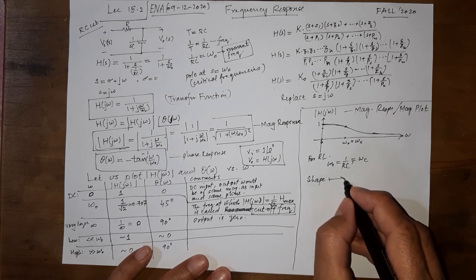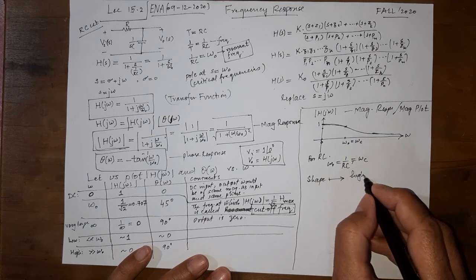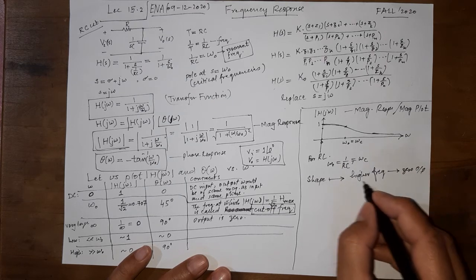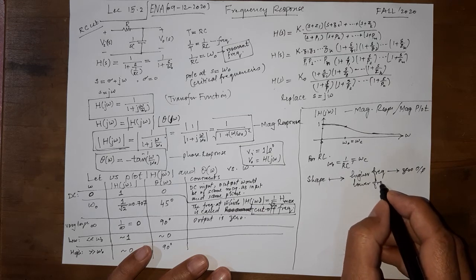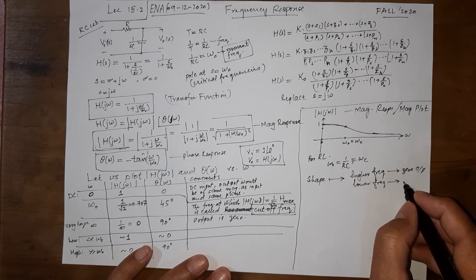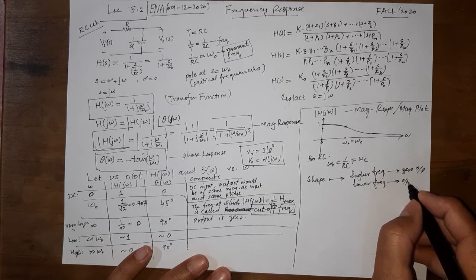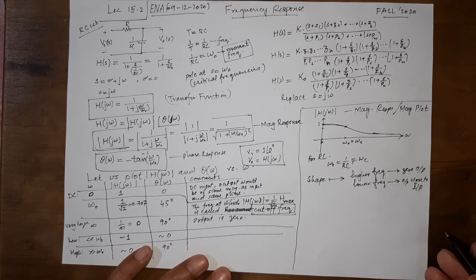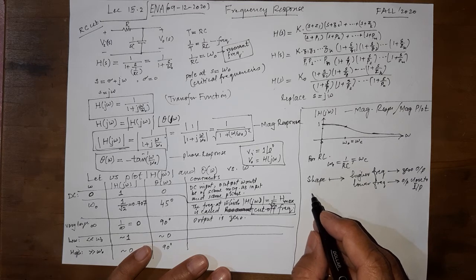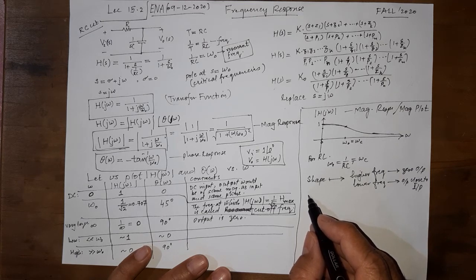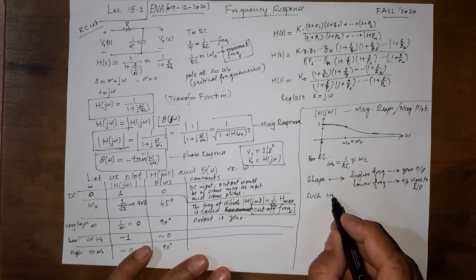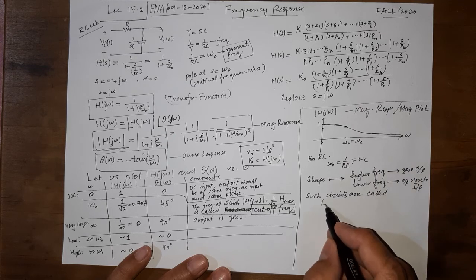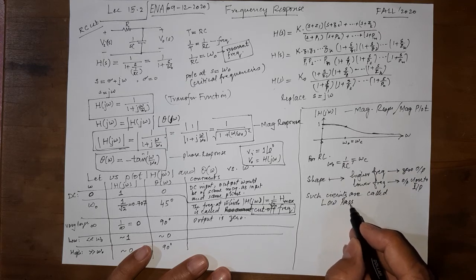The shape tells that higher frequencies produce zero output, and lower frequencies produce output close to input. Such circuits are called low pass filter.